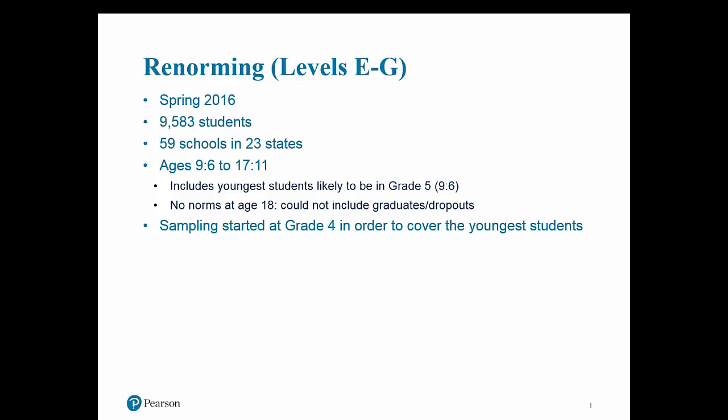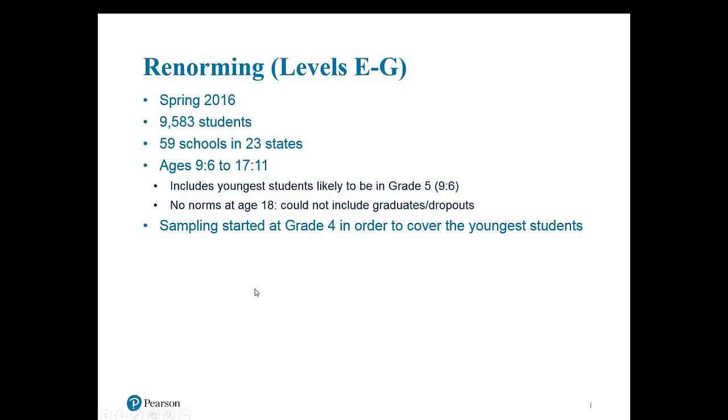And that would have been a very different kind of endeavor for the norming. So we decided, considering the ages and grades at which this test is used, to stop at age 17-11 and use the data that we could collect through schools.